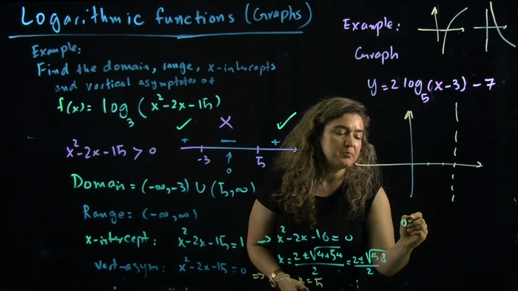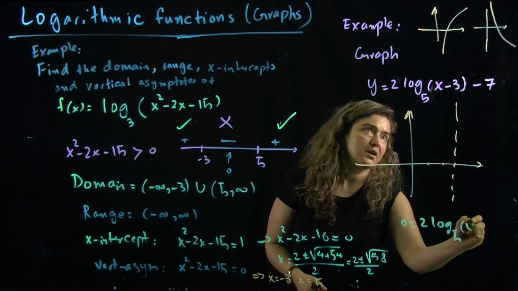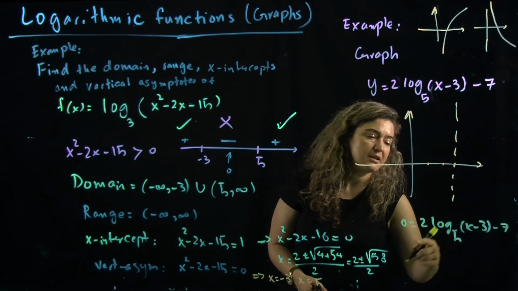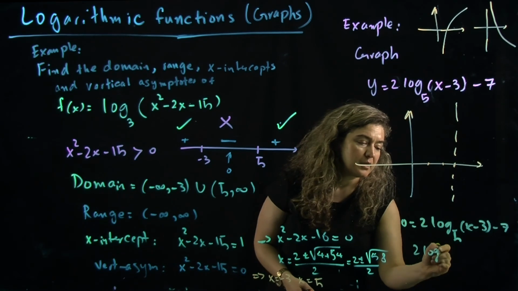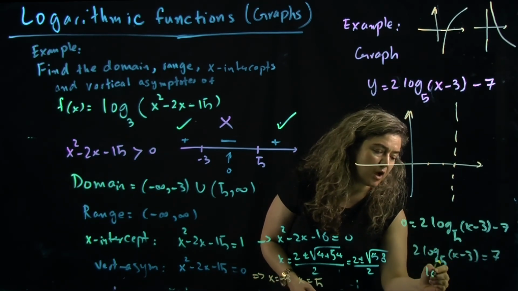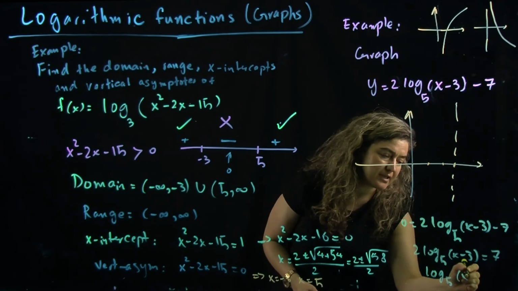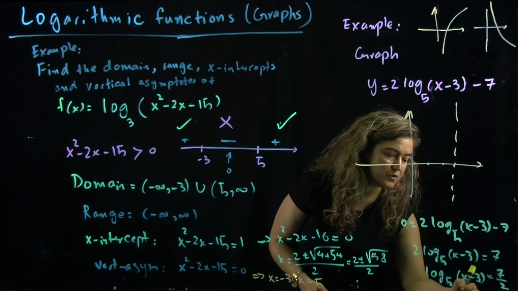So x-intercept means y equal to 0, so 2 log base 5 of x minus 3, minus 7, is equal to 0. That means 2 log base 5 of x minus 3 equals 7, or log base 5 of x minus 3 equals 7 over 2.